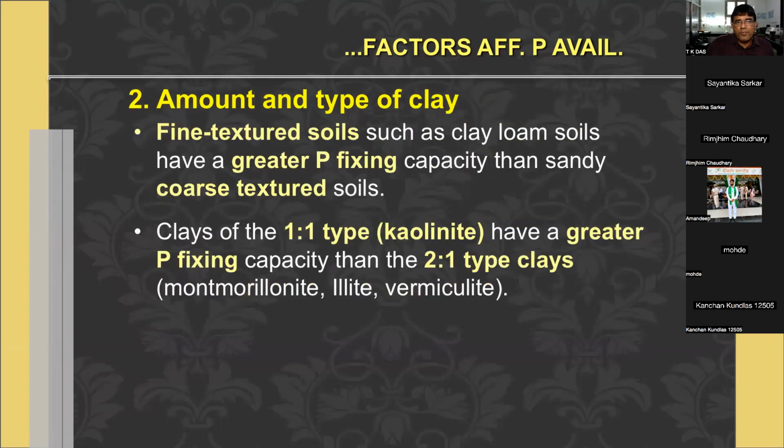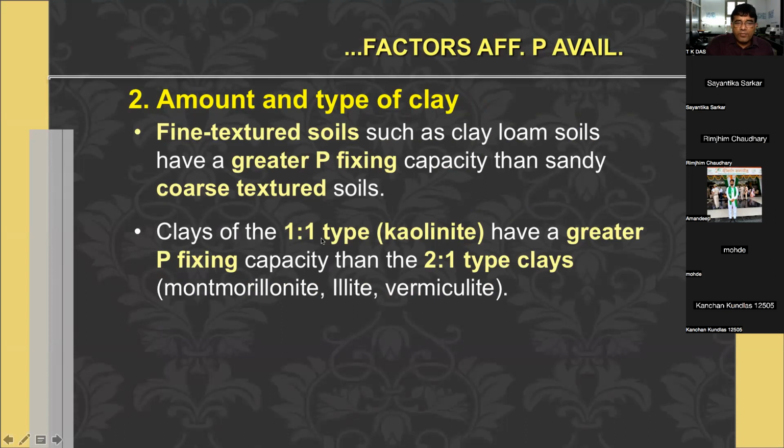So amount and type of clay: fine texture soils such as clay loam soils have a greater phosphorus fixing capacity than sandy coarse texture soils. This is one if we see at the soil level. If we see at the clay level, some soils will have more kaolinite, some will have more montmorillonite. So that will affect the fixation also, the nature and the quantity of the clays.